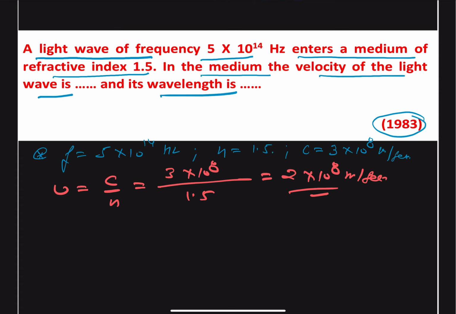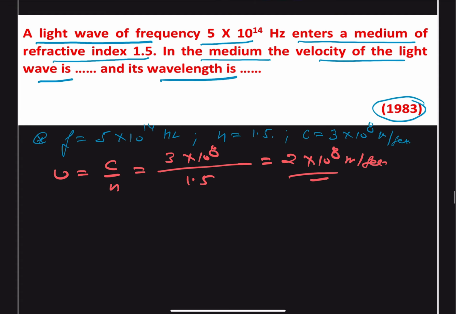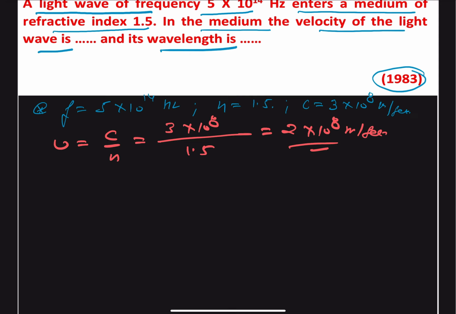And in the second part, we have to find out the wavelength in the medium. So also we can use that lambda is equal to v upon f. Velocity is, once again, what we just found out, 2 into 10 to the power 8, and this is our velocity in the medium, and this is the wavelength in the medium.